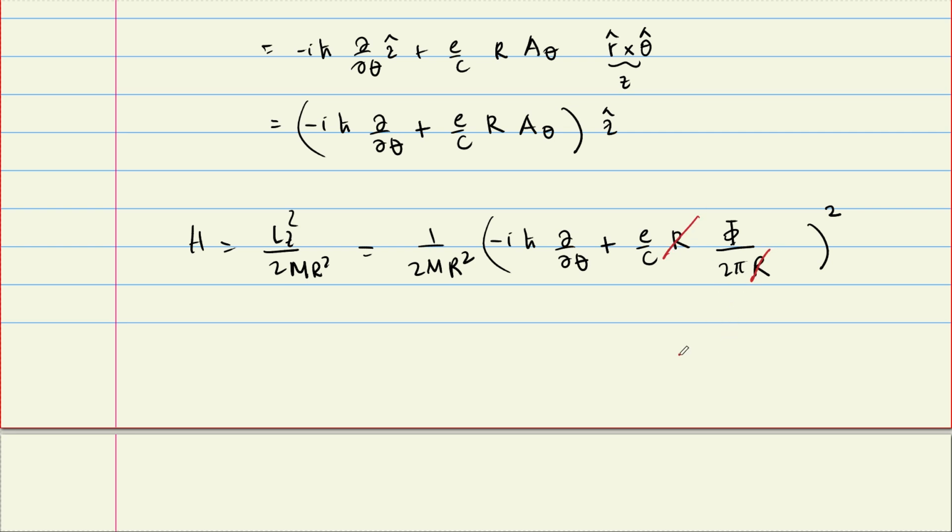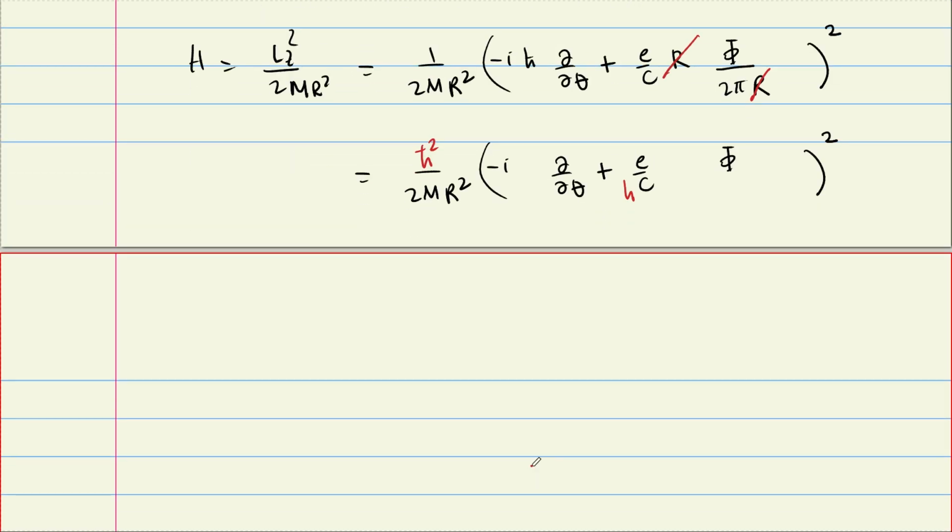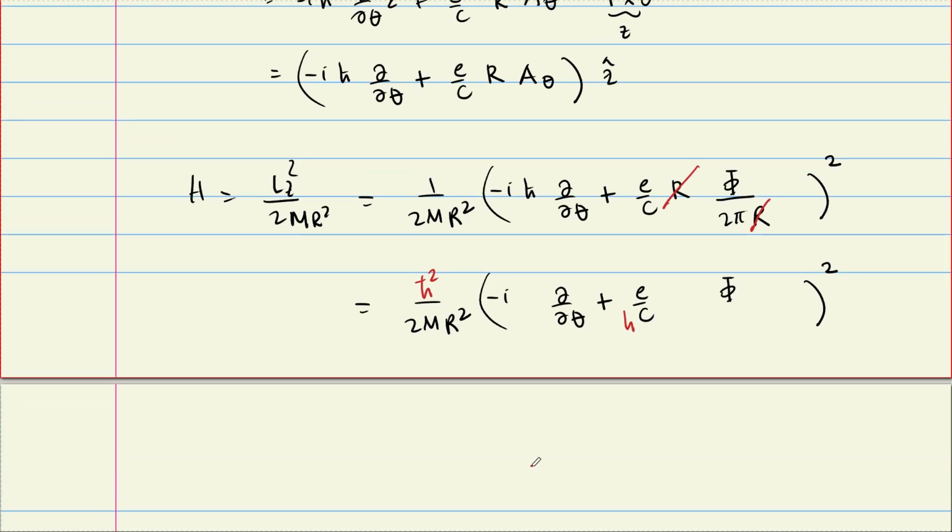Cancel that with that. And I want to take one h bar out, so let me copy this because I can miss some factors, and let's compare. I want to take one h bar squared here. I need to have h bar here, so I cancel that. This h bar has 2 pi, I will cancel it with this one, so this is 2 pi and no h bar anymore. I think this is correct, right?